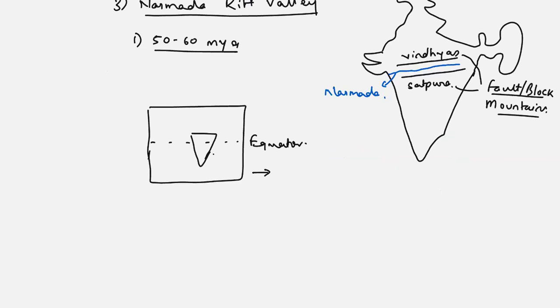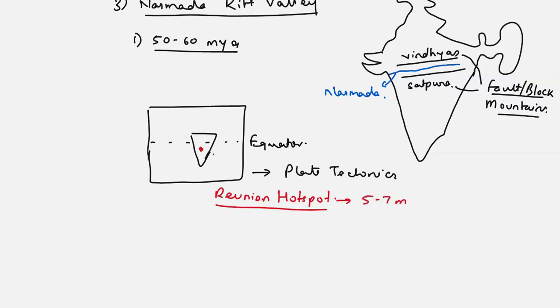Under the same condition, there was a hotspot eruption. This hotspot was called the Reunion hotspot, which erupted for almost 5 to 7 million years. This resulted in the formation of the Deccan Plateau.